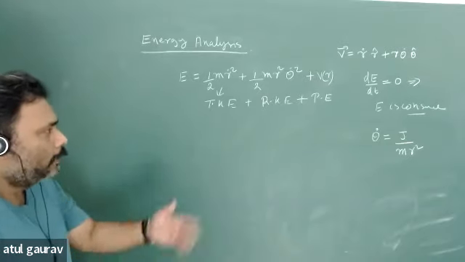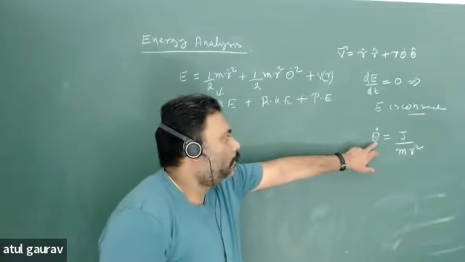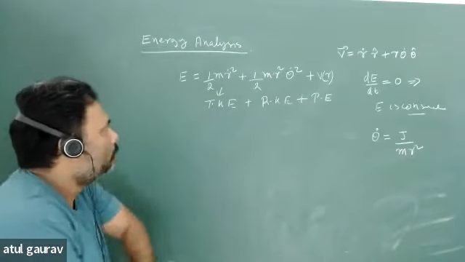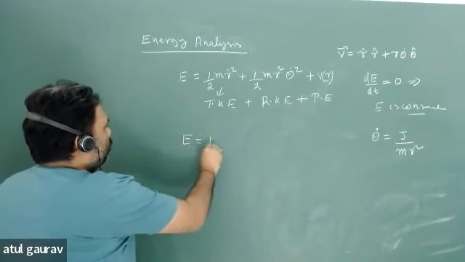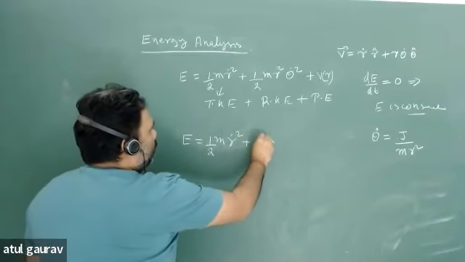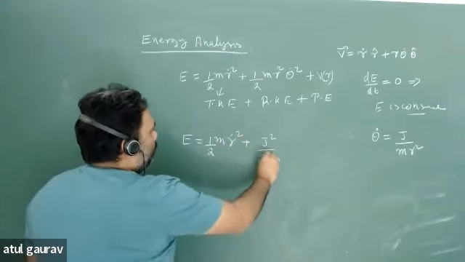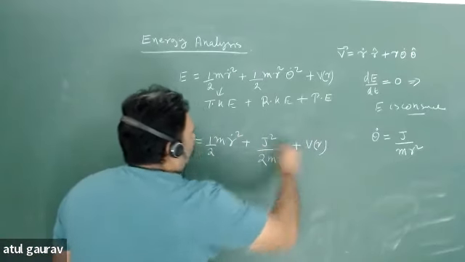So what is going to happen? We are just putting this particular value, theta dot equals J upon mr square. Then what will I get? I will get E equals half m r dot square plus J square upon 2 mr square plus V(r).